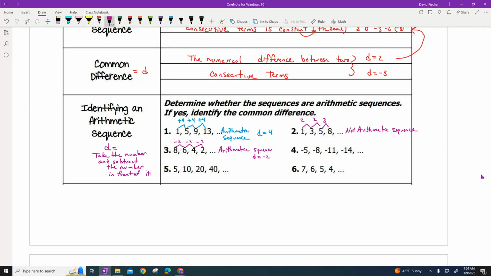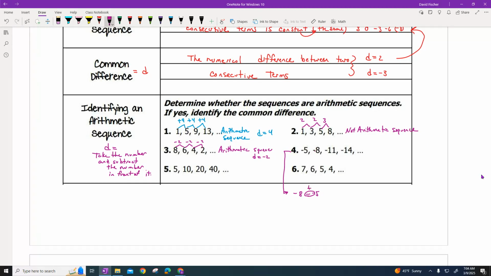Okay, let's try it. Now on this one, it looks like I'm going down. I'm going from -5 to -8, from -8 to -11. But sometimes kids don't recognize that. So what I'm going to do in my calculator is put -8 minus -5. Or even if I'm not going to use my calculator, it's -8 minus -5, which becomes a +5.